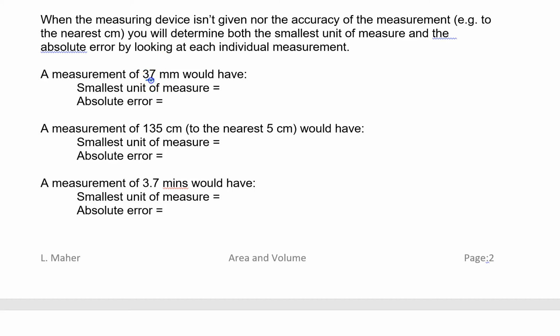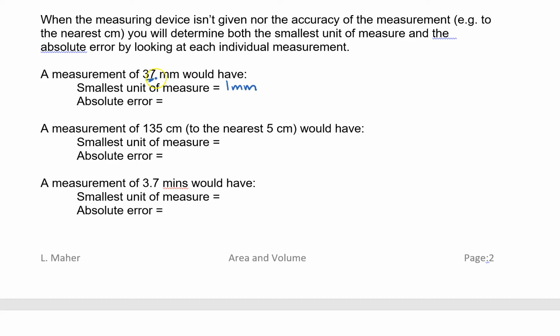Now, the fact that it could go to 7 millimeters is probably suggesting that the device has as its smallest unit of measure 1 millimeter. We know it's not 2 millimeters, or our number here would have to be an even number, 36 or 38.